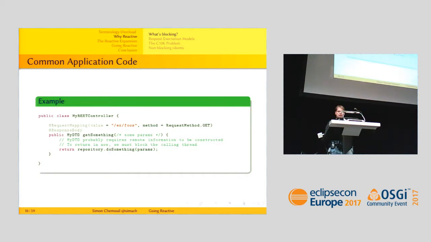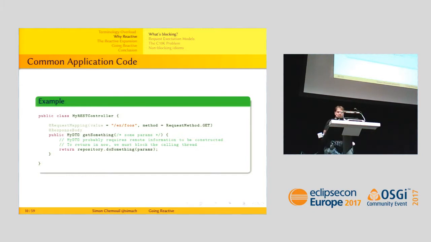Here, I'm returning a DTO, and that DTO, because of the semantics of Java and the JVM, that method is going to be called on a thread. And when you go out of that method and you go one step back in the call stack, the DTO has to be there. So if that DTO requires remote information that you maybe need to go across the network to build, if you need that information, the thread has to block. There's just no other way for it to go.